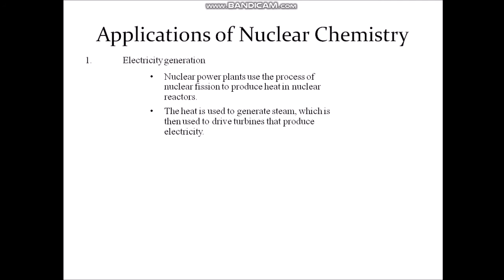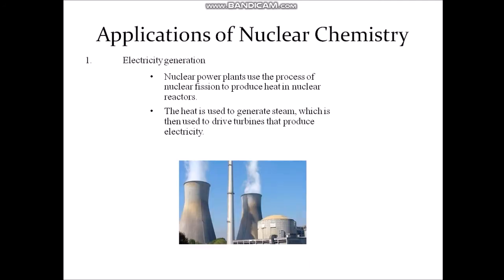The heat is used to generate steam, which is then used to drive turbines, and this is used to produce electricity. And these are nuclear power plants. You can see many like these in the world.